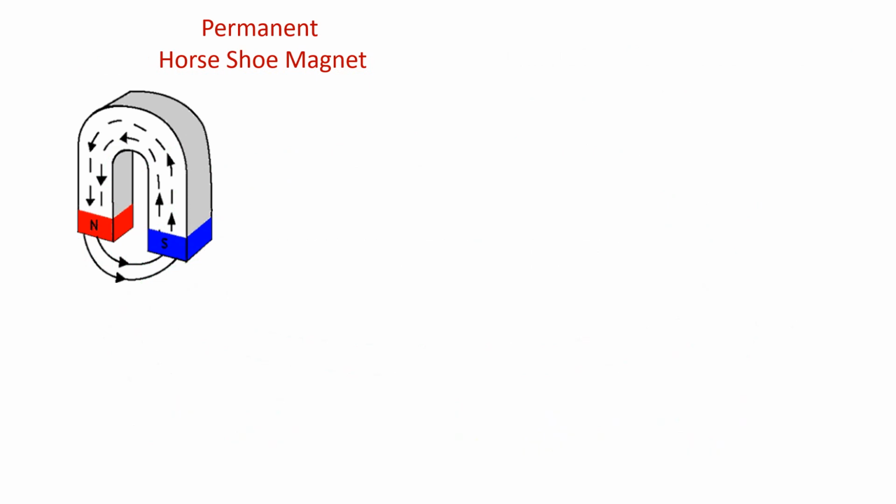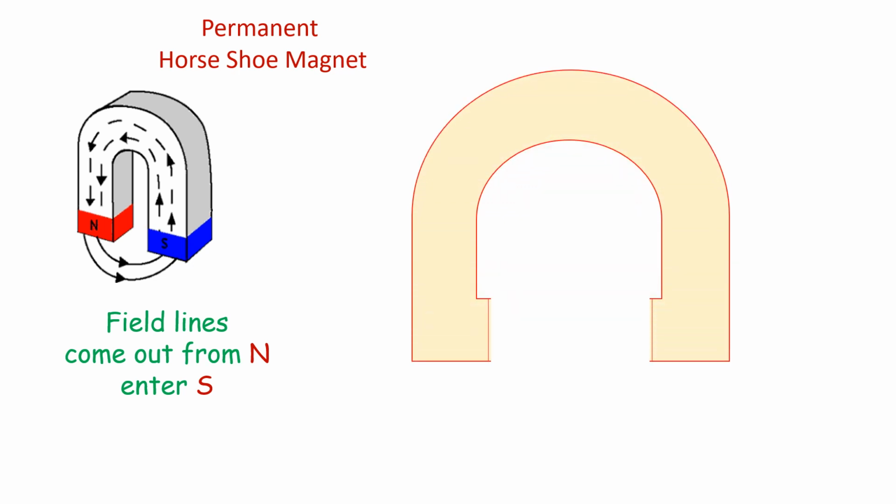We have a permanent horseshoe magnet in the figure. You can see the field lines in the form of closed lines. These field lines come out from the north pole and enter the south pole. You can understand this better with the help of this figure.